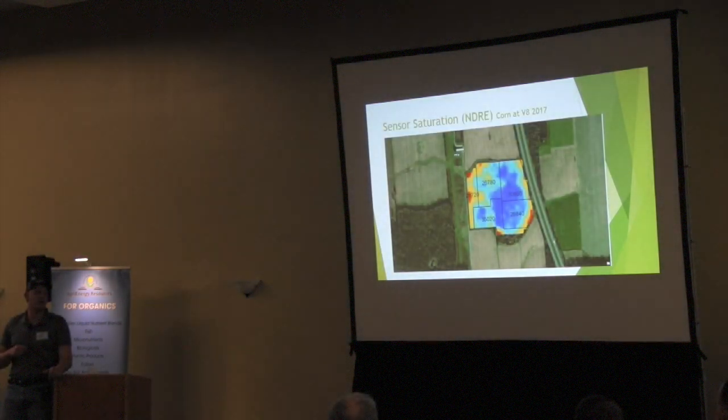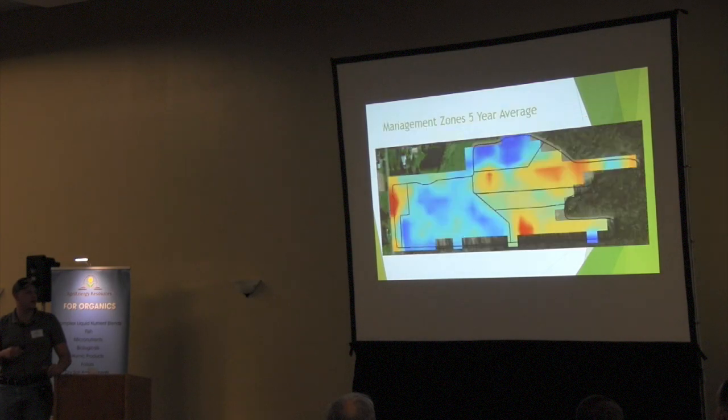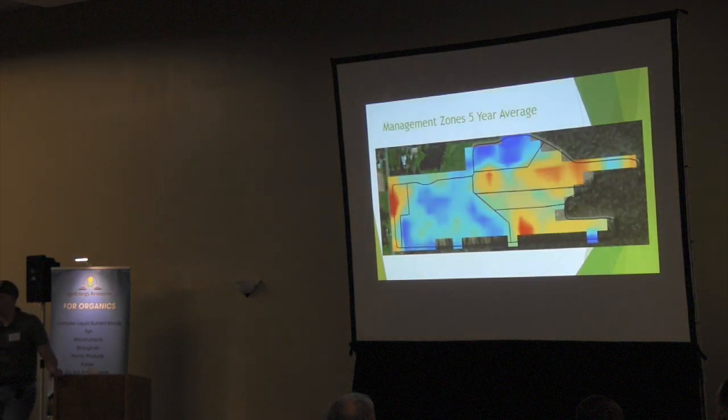When I sit down with growers and they open up on that, we look at this map, and we start with the basics. What's our yield goal? Let's be honest. We know that we're not going to grow 300 bushel corn, so let's not treat it like we can.